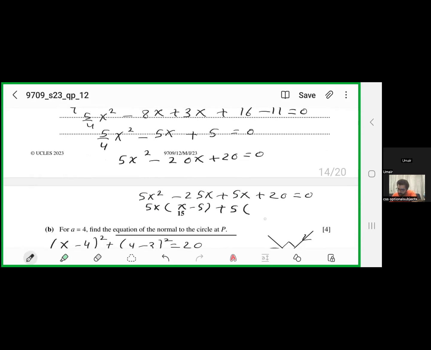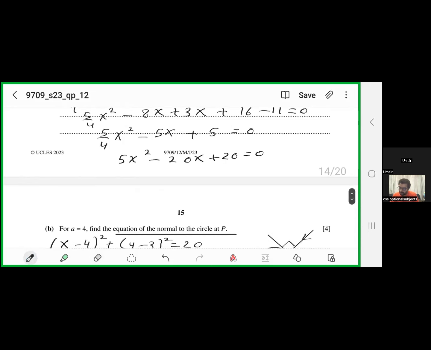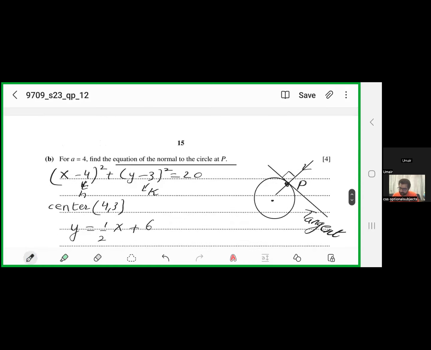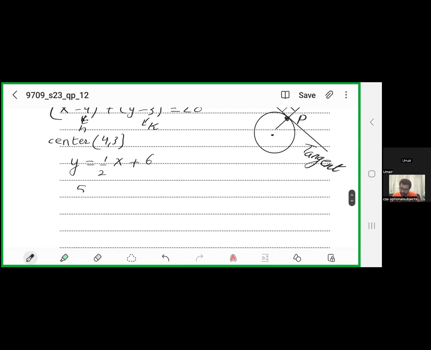And here we have a problem, so I'm not going to use the middle term break. I don't think it is feasible. So we are going to use the quadratic formula. Then 5x square minus 20x plus 20, to find the coordinates of P.